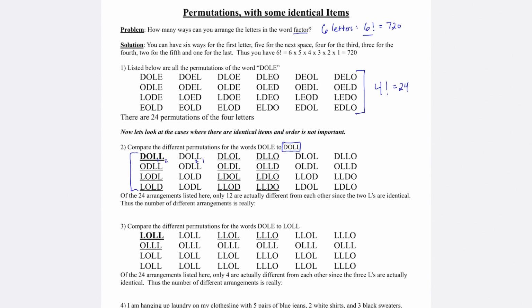And for every word like D-O-L-L, you will find that same order somewhere else. So here we actually end up with 12, or you can think of that as 24 divided by 2.